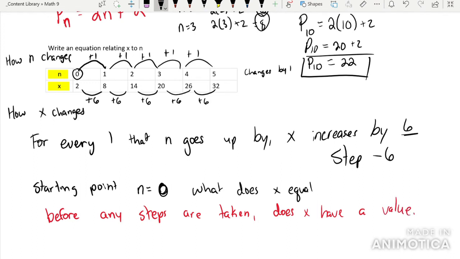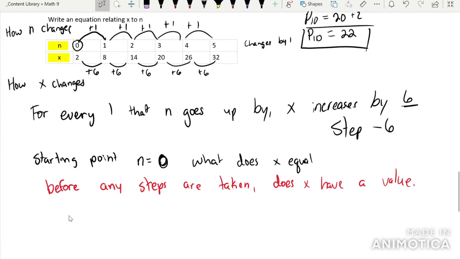Otherwise, if I went up just by steps of 6, I would go 6, 12, 18. It would just be multiples of 6. So x seems to have a little bit extra added each time. I notice that this is 2 away from 0. I know that this is 2 away from 6, 2 above 12. So the multiples are all there, but they're increased by 2 for each of them.